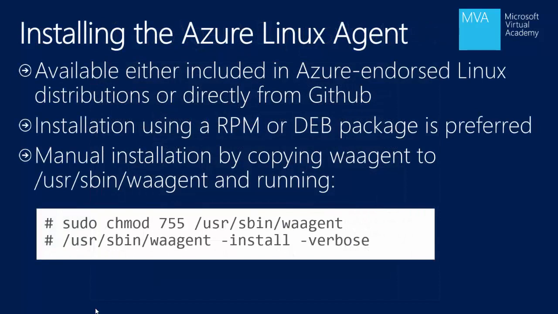Installing is really easy. If it's an Azure endorsed Linux distribution, it's already included. Or you can go to GitHub, download the package. You can install it using an RPM or DEB package. Or if you need to install it manually, you can see the command here. You can install the Azure agent using the commands shown on the screen at the moment.